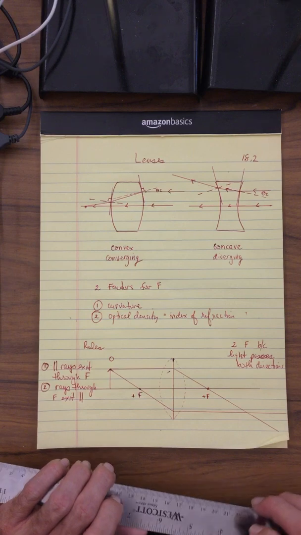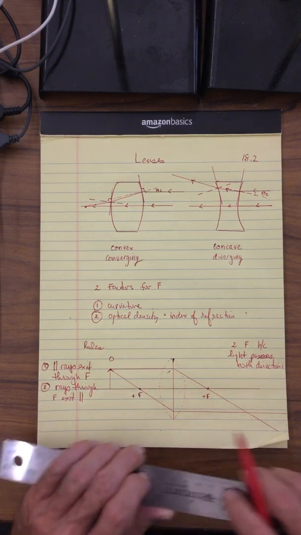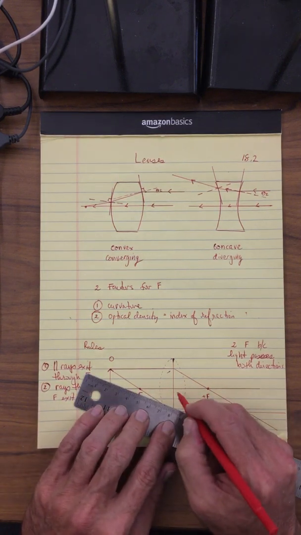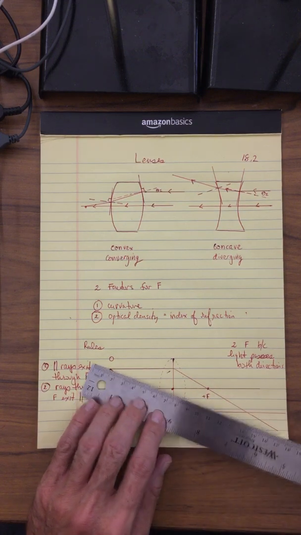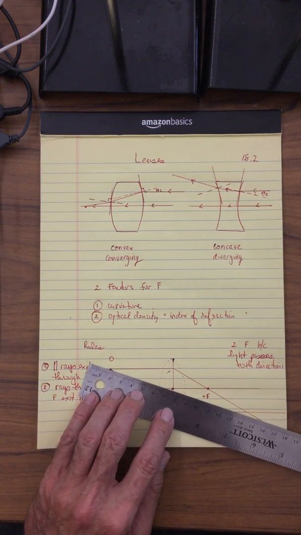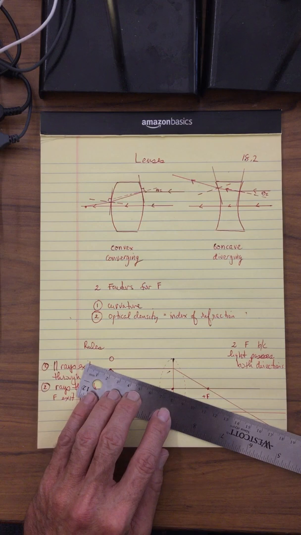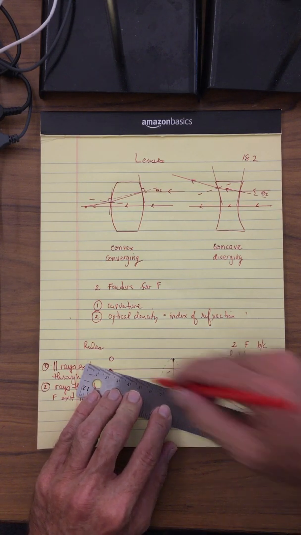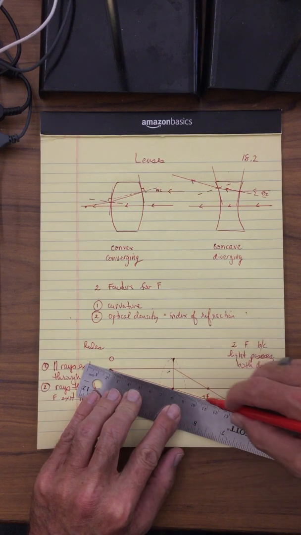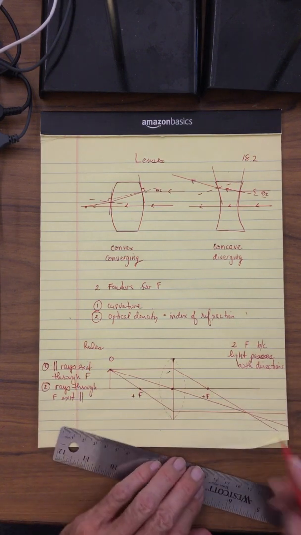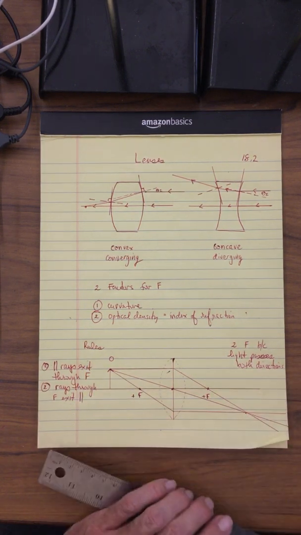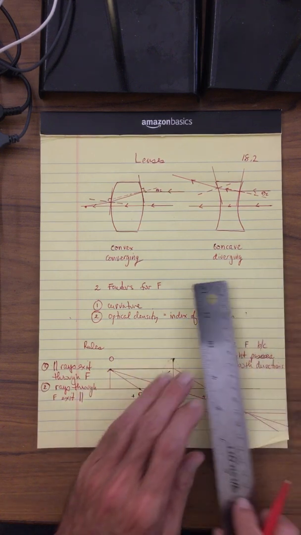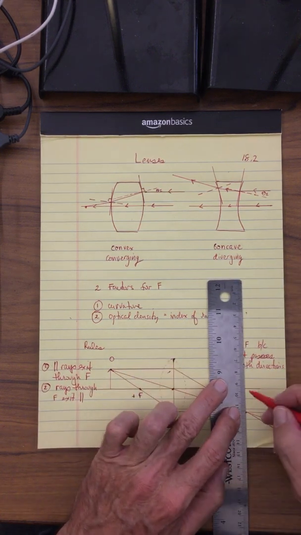There's a third rule, and rays that go through the center go on a straight path. And if you draw those and connect them, it should all meet at that same point right there. So we'll go ahead and draw a line.